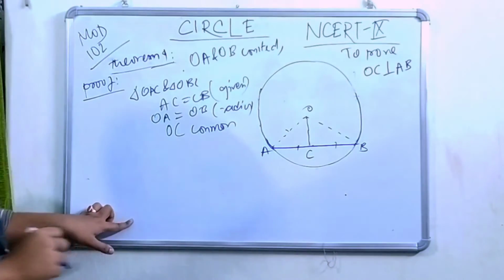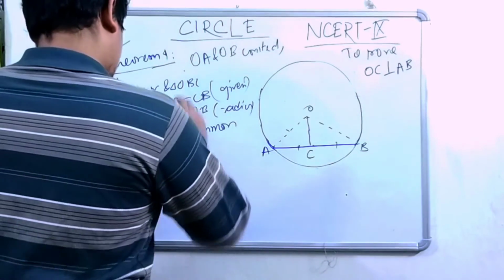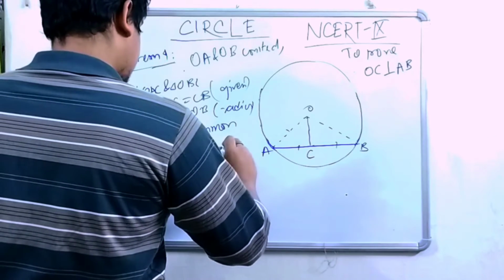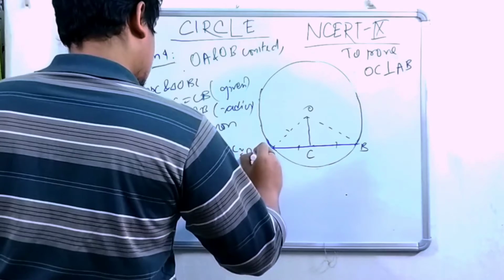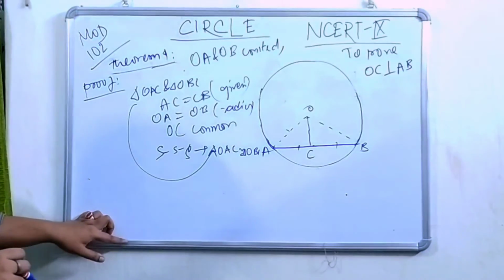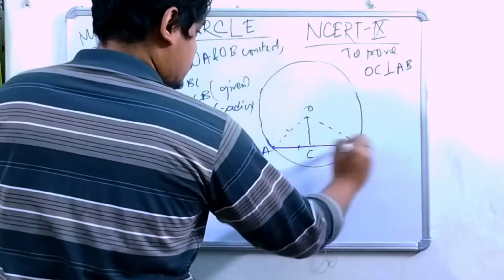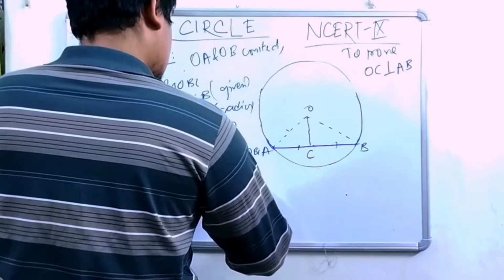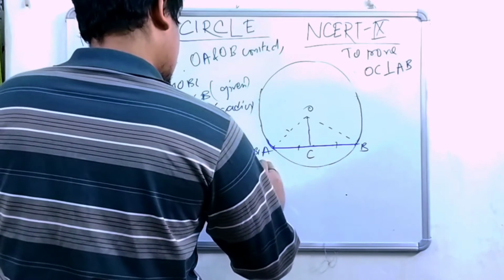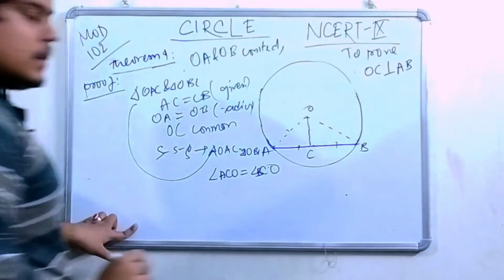So according to SSS, triangle OAC is congruent to triangle OBC. If this becomes congruent, what can we say? These two lines are equal, these two angles are equal, so ACO is equal to BCO.